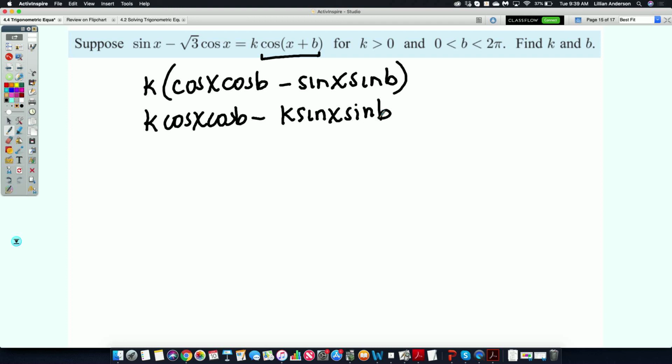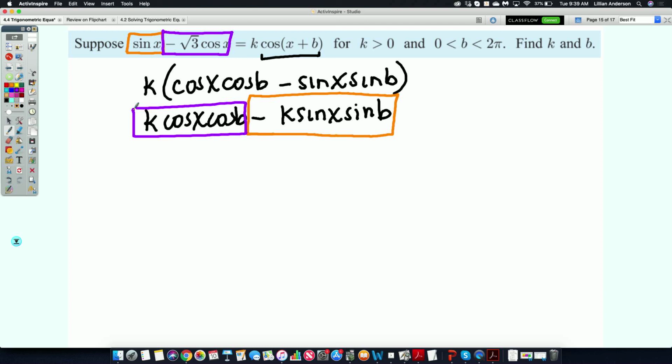Like make the k sine x sine b equal to sine x, and k cosine x cosine b equal to root 3 cosine x. This part is supposed to equal this part, because that's where the sine x is, right? And then this part here is supposed to equal this part. Keep going. Yes.